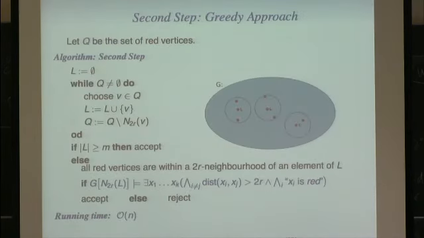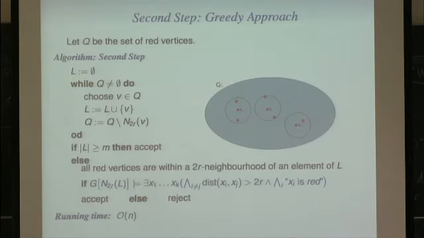The second is here. Once the greedy approach failed to produce sufficiently many red vertices, we threw away the rest of the graph and just checked this formula, which is again a first order formula saying there are m different vertices far apart in the union of these neighborhoods, which is again by bounded degree constant size.